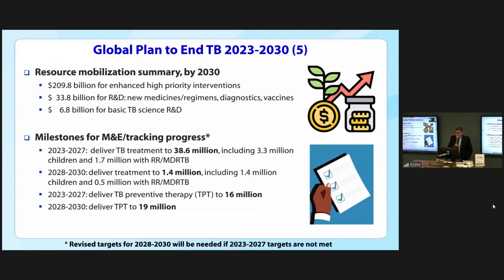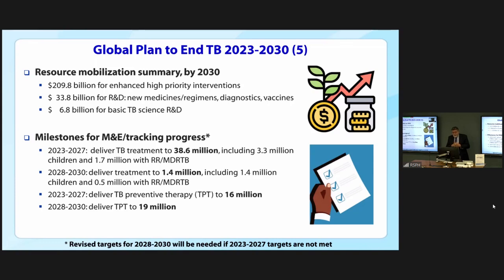So to finish with the global plan, these are the resources that need to be mobilized in summary. And as you can see, there are milestones for each cluster here. From 2023 to 2027, deliver treatment to 38.6 million persons. Between 2028 and 2030, treatment to 1.4 million, including children, and 500,000 persons with multi-drug resistant TB.